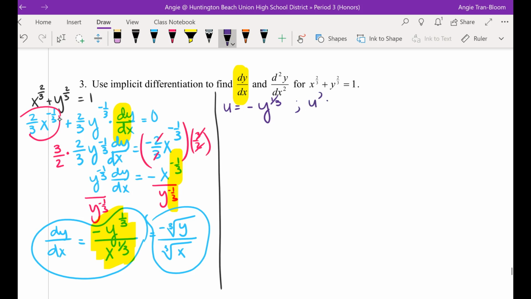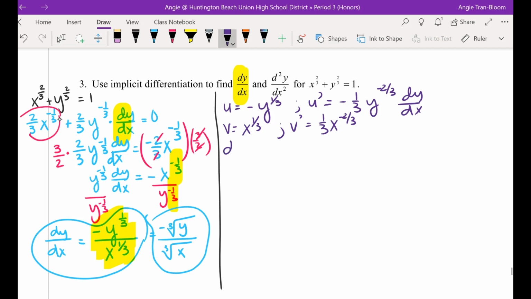So u prime is negative 1/3 times y to the negative 2/3 times dy over dx, or y prime. I'm going to let v be the denominator, which is x to the 1/3. That means v prime is 1/3 times x to the negative 2/3. Since it is with respect to x, I do not need to write x prime, okay?